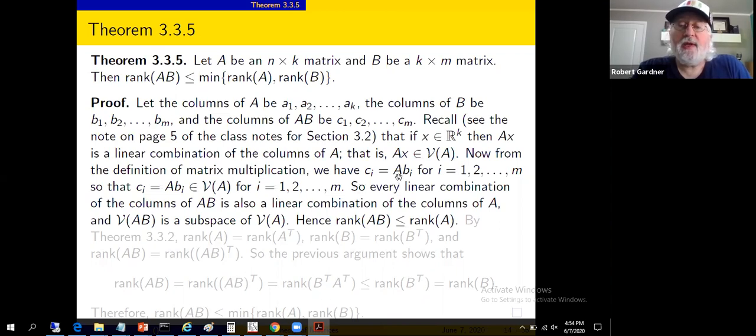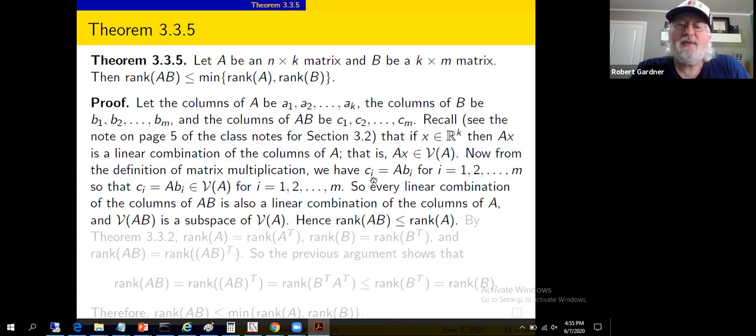We know that if we take A times B sub i, that produces column vectors as well. We set this up where when we multiply matrix A times matrix B, we get the resulting columns. So matrix A times B sub 1, that'd be the first column of the product AB. So that would be what we've denoted C sub 1 and so forth for the other columns.